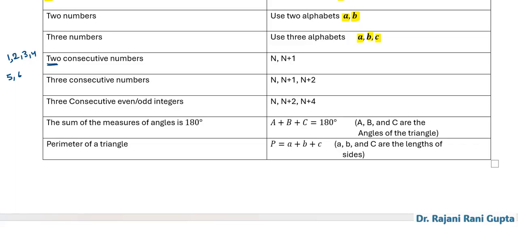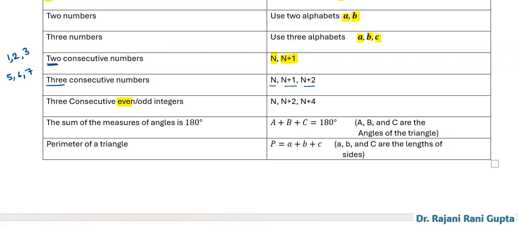Here they need only two numbers, so if your first number is n, the other number should be n plus 1, because 5 and 6 have a difference of 1, and 1 and 2 have a difference of 1. When they say three consecutive numbers, it means n, n plus 1, n plus 2. It may be 5, 6, 7, or 1, 2, 3.